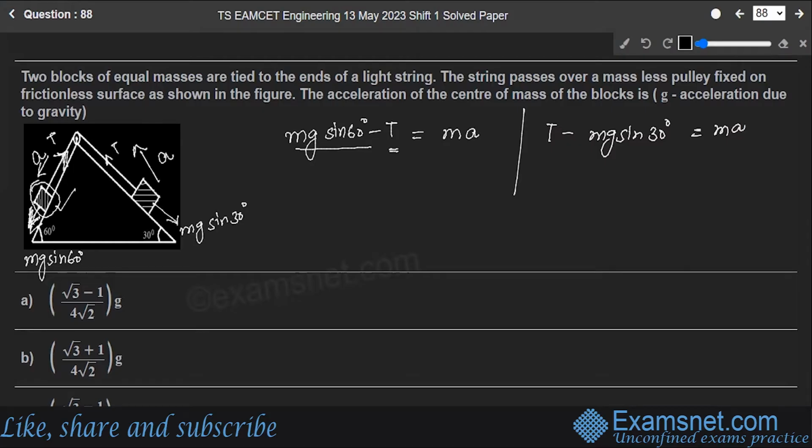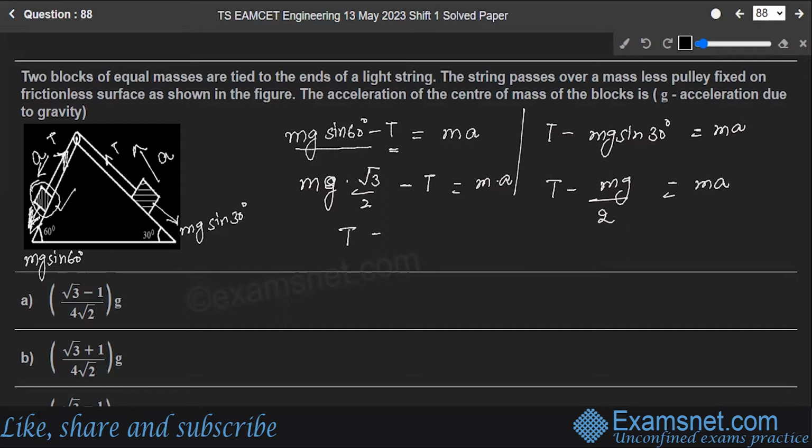So from here, solving both of them, you have mg sine 60 is root 3 by 2, so mg root 3 by 2 minus T is equal to m into a, and here you have T minus mg by 2 is equal to m into a.